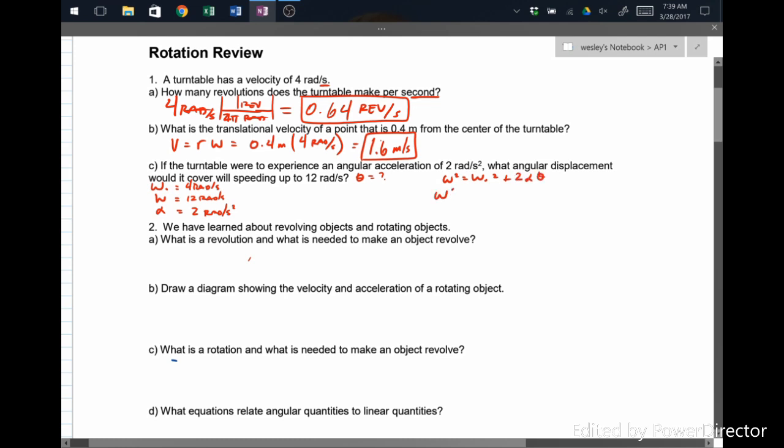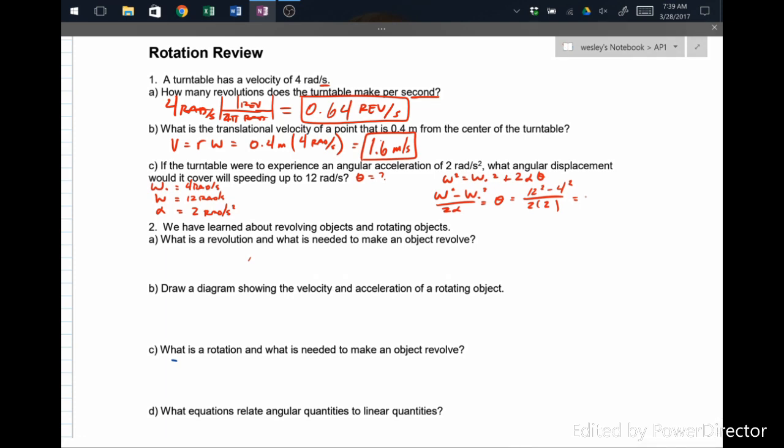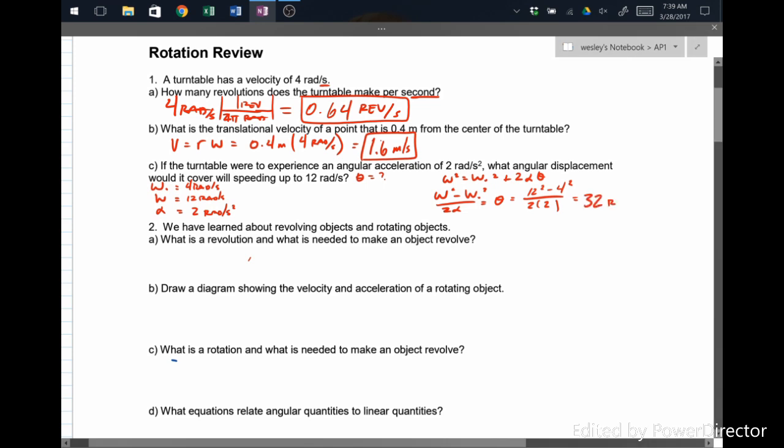And so omega squared minus omega 0 squared over 2 alpha is equal to theta. So we put that in, 12 squared minus 4 squared over 2 times 2. And that gives me an angular displacement of 32 radians. That's my angular displacement.